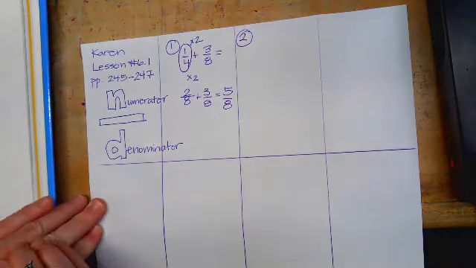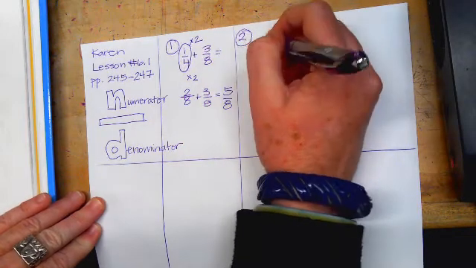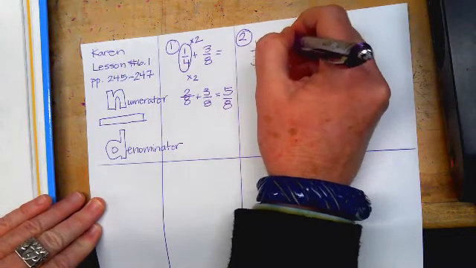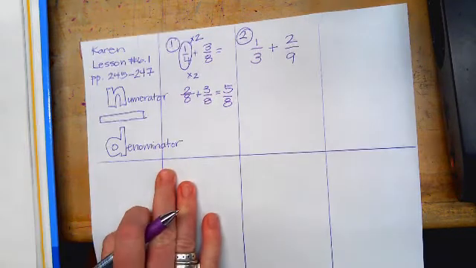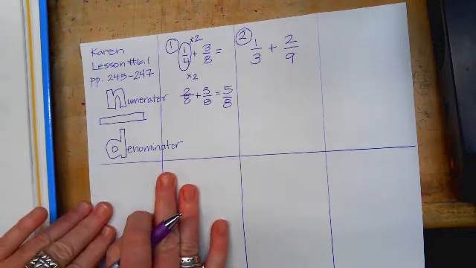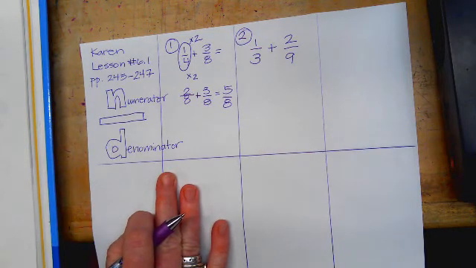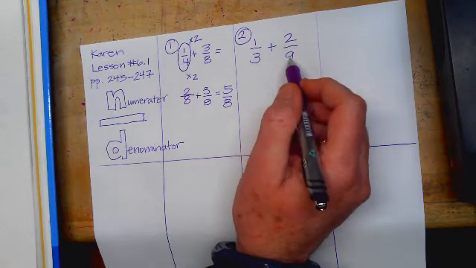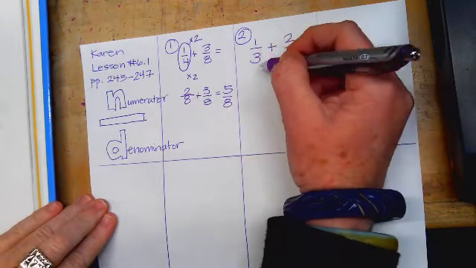All right, let's look at number 2. So our next problem, we're going to look at 1/3 plus 2/9, right?